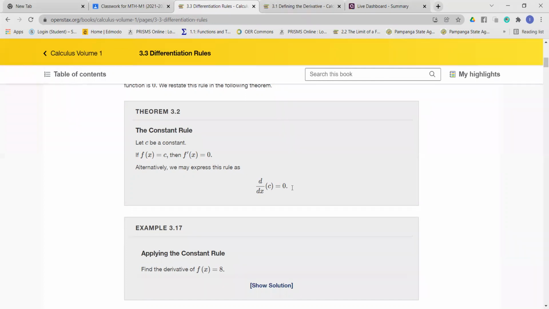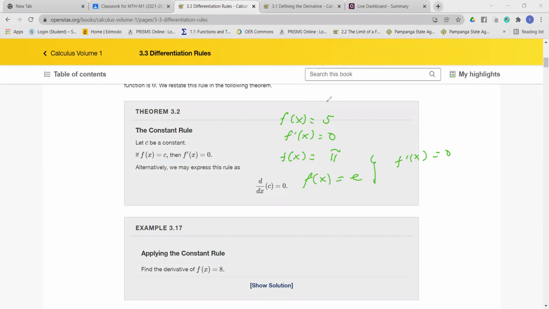Kahit anong constant, even if f of x equals 5, then the derivative is equal to 0. Same thing if I have f of x equal to pi, or even f of x equal to e, the derivative of your function here will always be equal to 0. No matter what the value, the derivative of the constant will always be equal to 0.